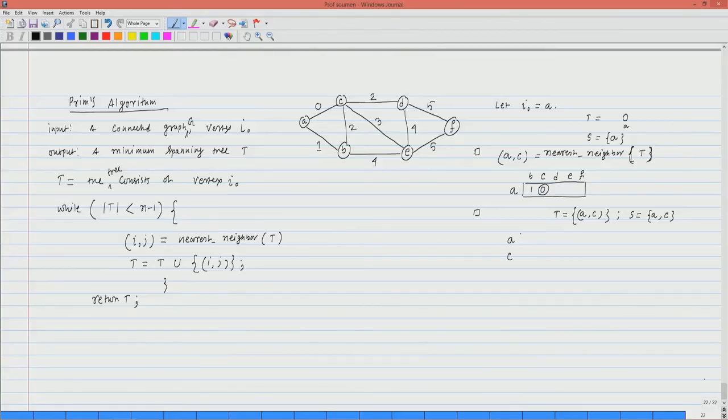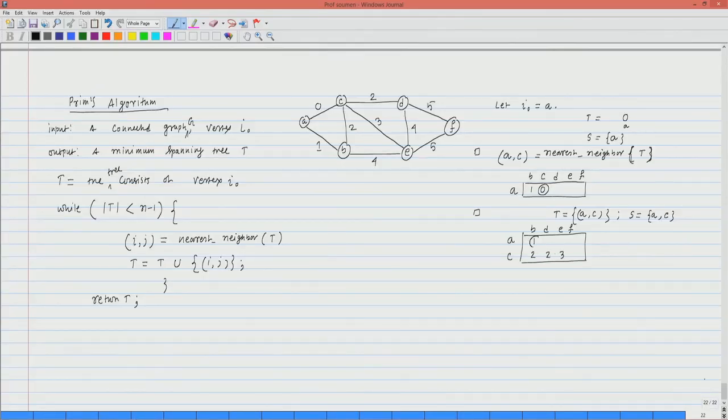So, AC are the elements in S, and in S complement you have B, D, E and F. You can check that A and B are adjacent, and that weight is 1, D, E, F are not adjacent to A, C is adjacent to B and the weight is 2, similarly here it is 2 and 3.